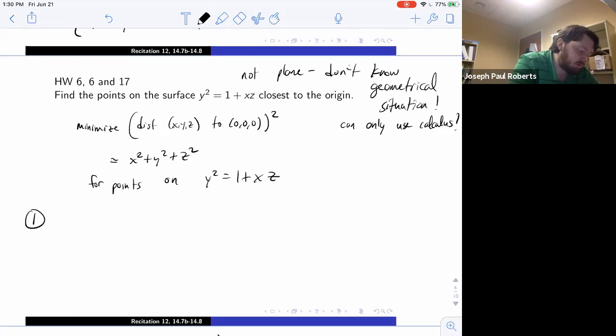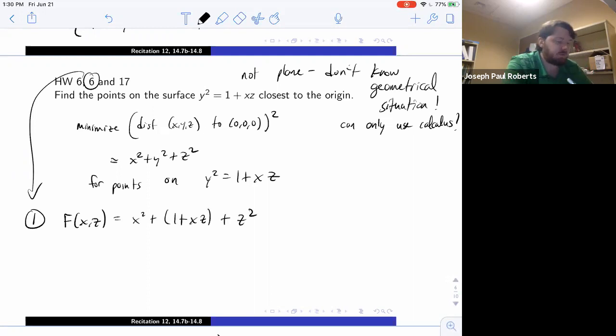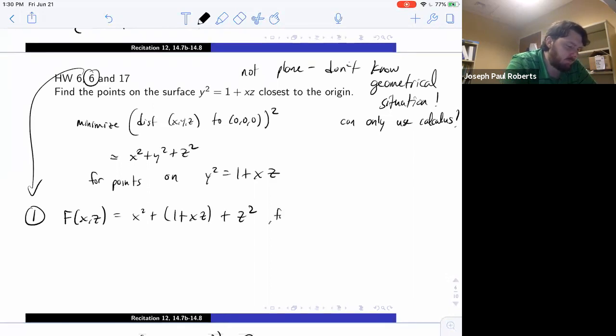The first method, the way you did it for problem 6, was to get rid of a variable. Since the surface gives y squared in terms of x and z, it's most convenient to just deal with y squared. So substitute in that y squared is 1 plus xz, giving the distance to the origin purely in terms of x and z.